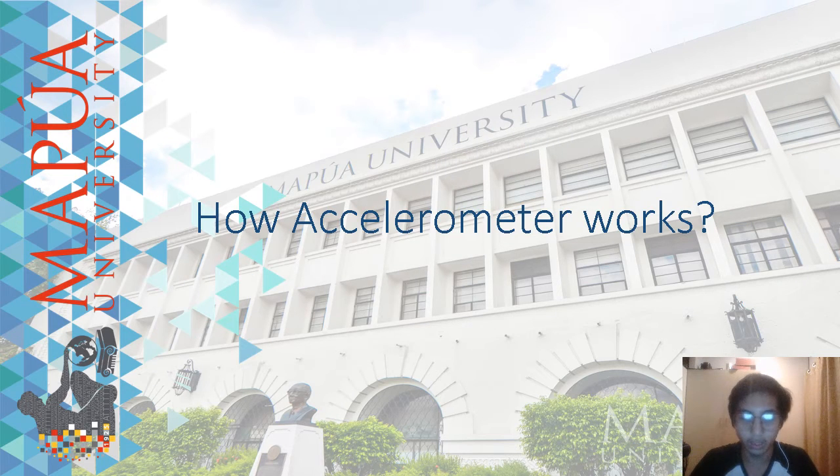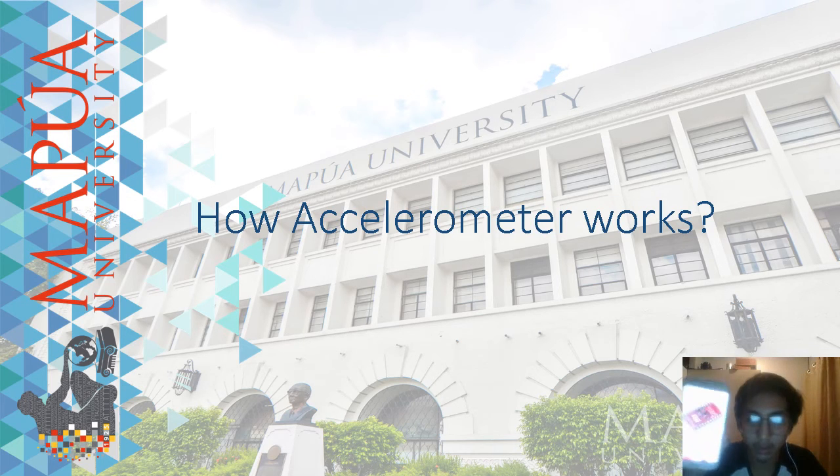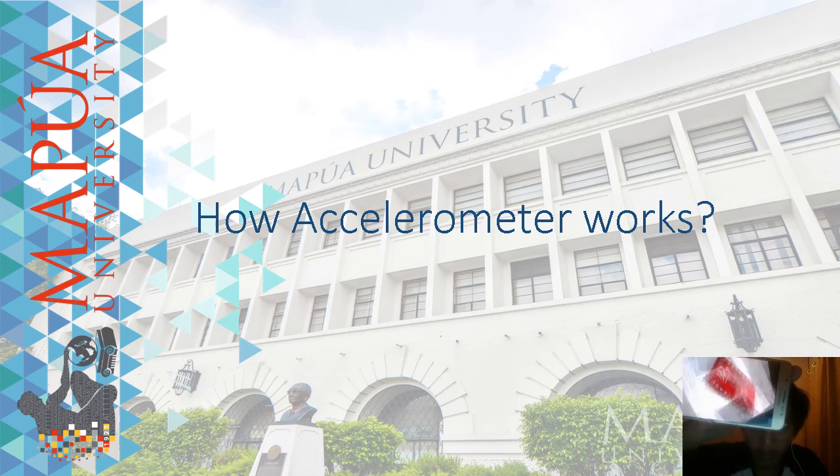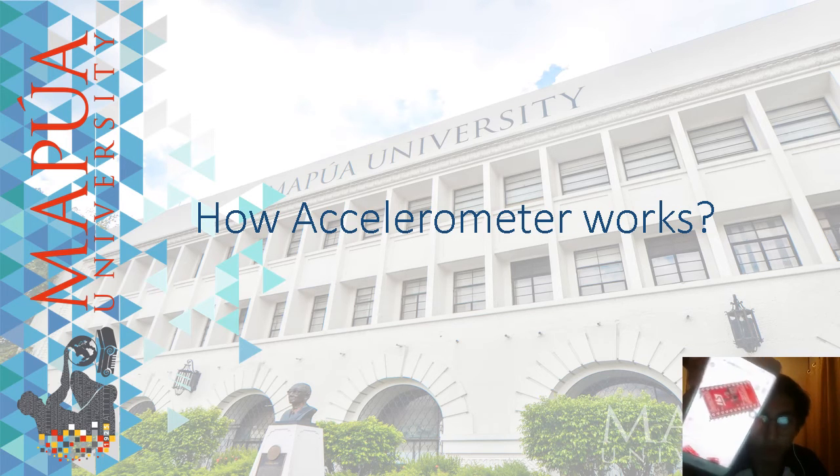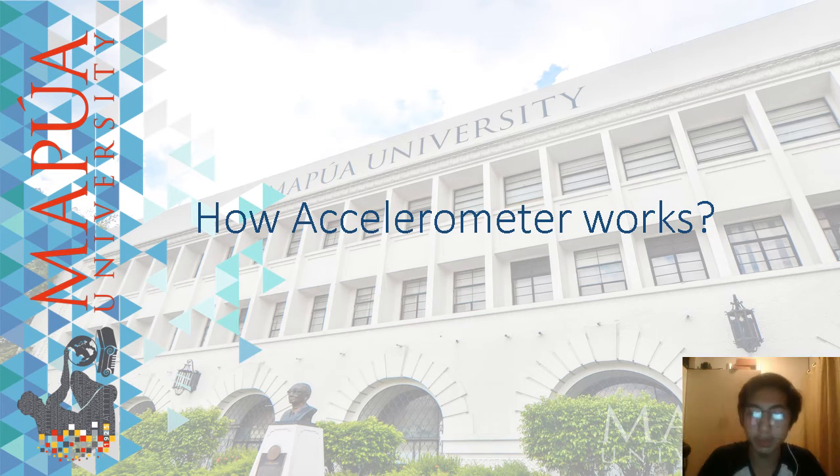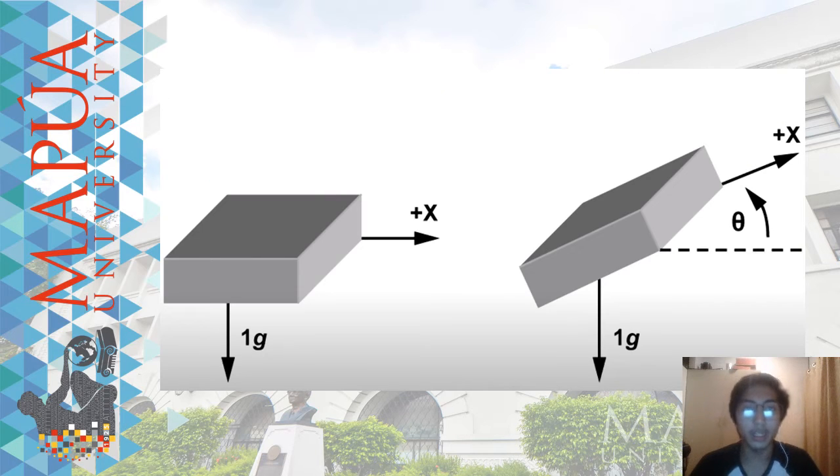So, as you can see, our cell phone manages to know what direction you're holding it. It is because of the accelerometer. It works by sensing the acceleration of gravity, and then you can calculate what direction the phone is facing.